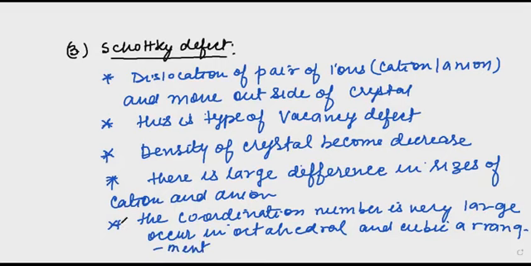Remember that the coordination number is very large and it occurs in octahedral and cubic arrangement.